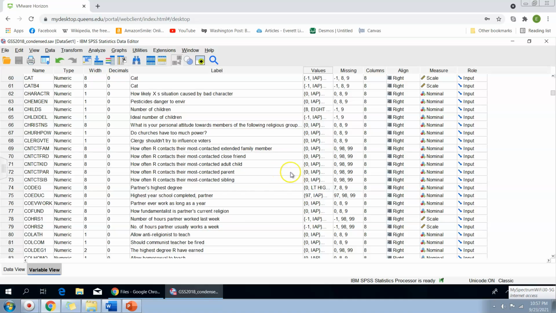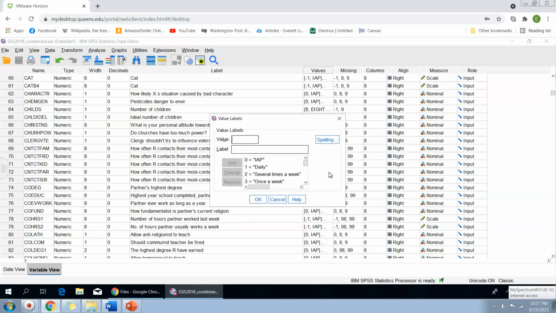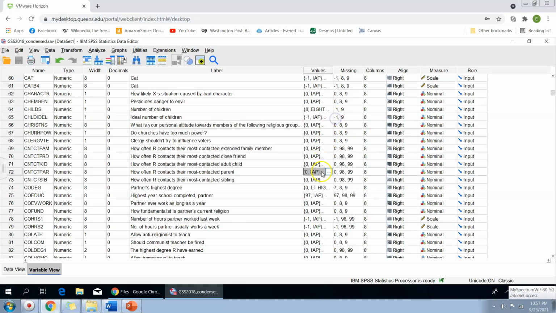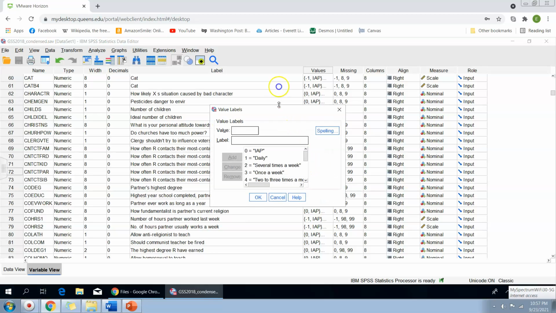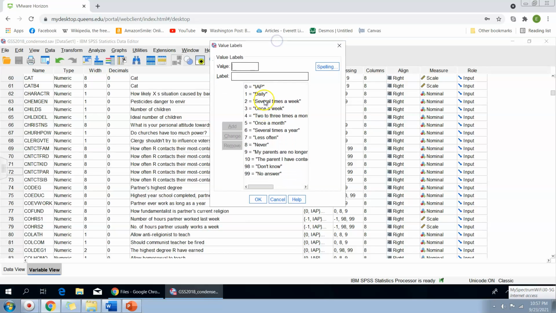The way we can tell is if you look under values and click here, on the 3 dots over here, you see that this is coded as several times a week, once a week, etc. So this is going to be categorical.